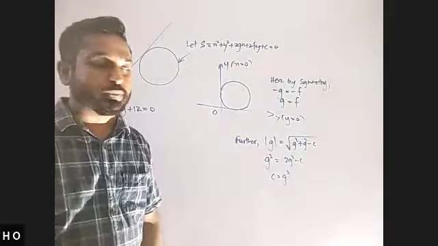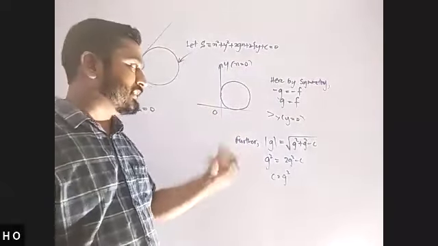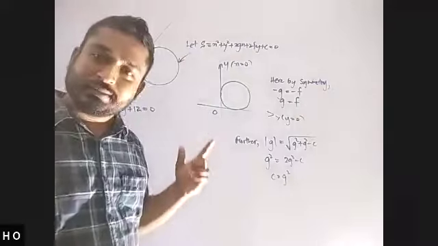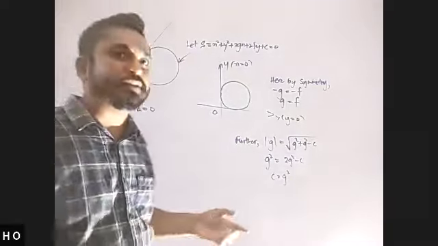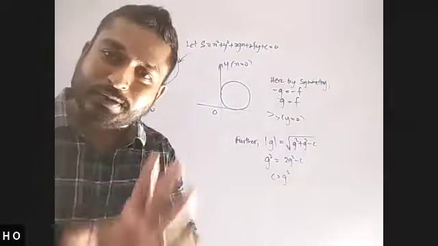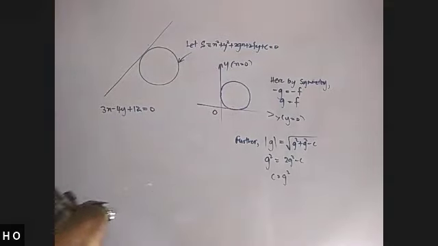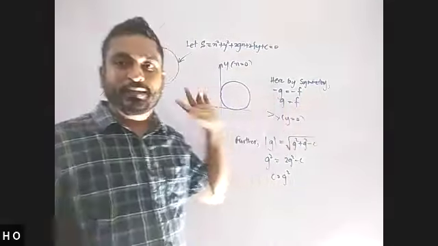Up to that we are okay: g is f, c is g squared. Everything is in terms of g. So you just need to find g. That is it.